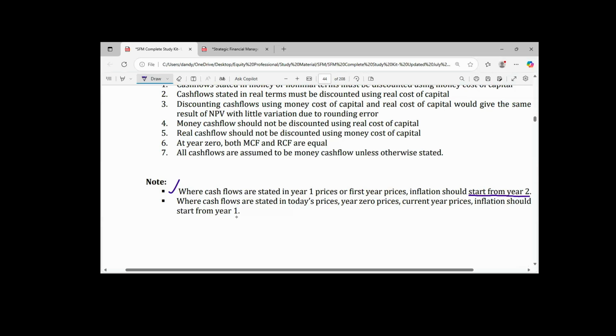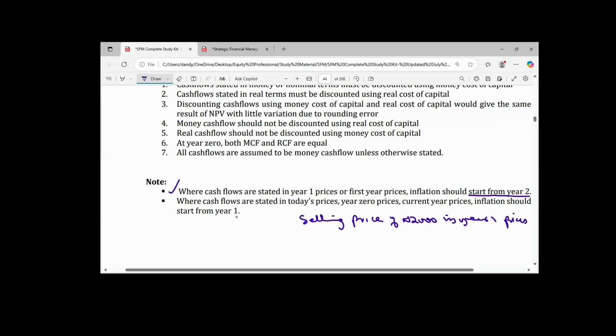Say, for example, you are given a selling price of 2,000 naira in year 1 prices. Okay, you are told that selling price of 2,000 in year 1 prices.